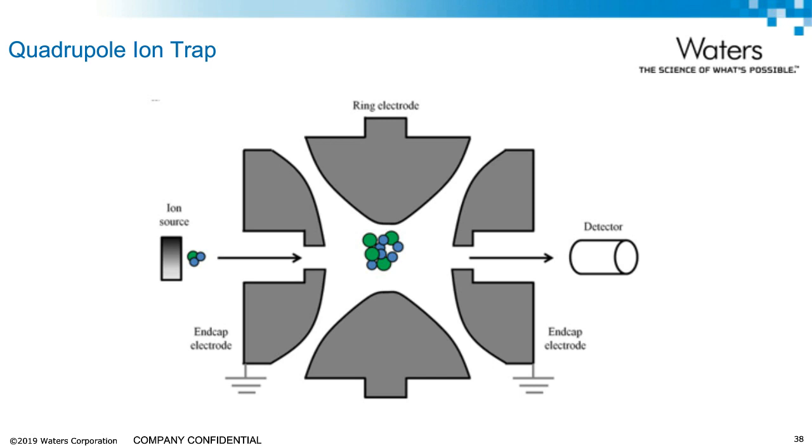The ring electrode RF potential, an AC potential of constant frequency but variable amplitude, produces a 3D field within the ion trap. This traps the ions in a stable oscillating trajectory. The exact motion of the ions is dependent on the voltages applied and their individual mass-to-charge ratios.